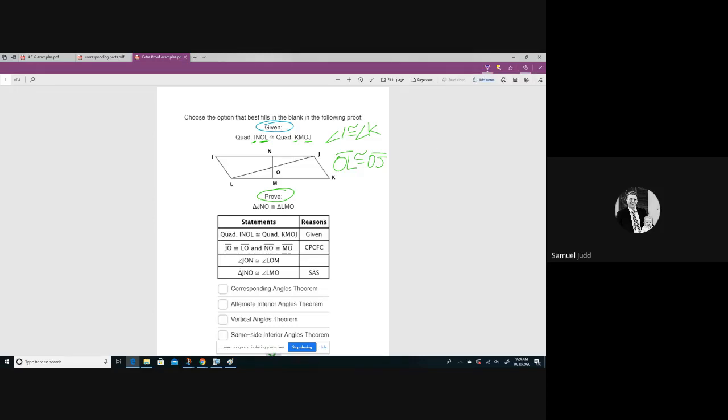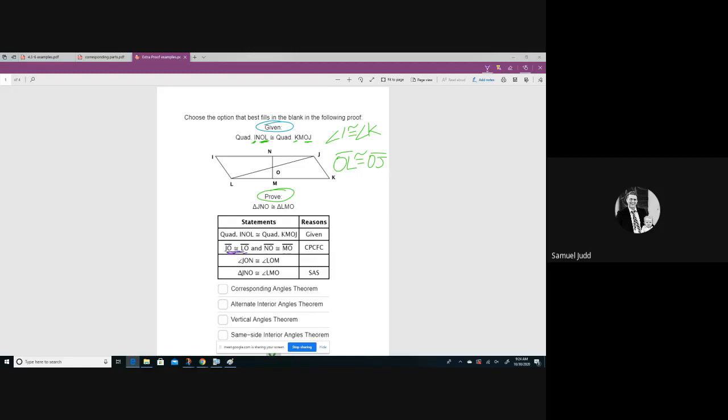If I'm looking over here, first we just give the given. Oh, and hey, we do actually end up using OJ and JL right here. We say those guys are congruent, but then we decide to mark that, JO and OJ. I can't even read those.